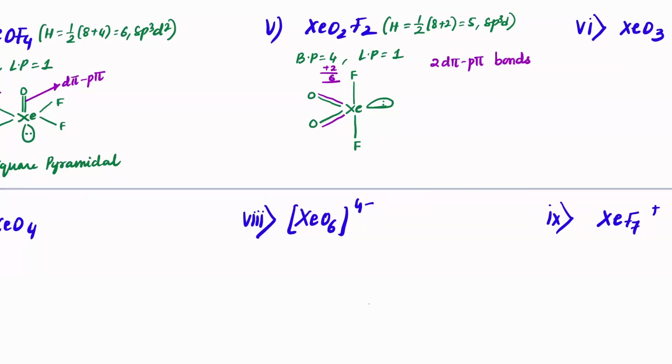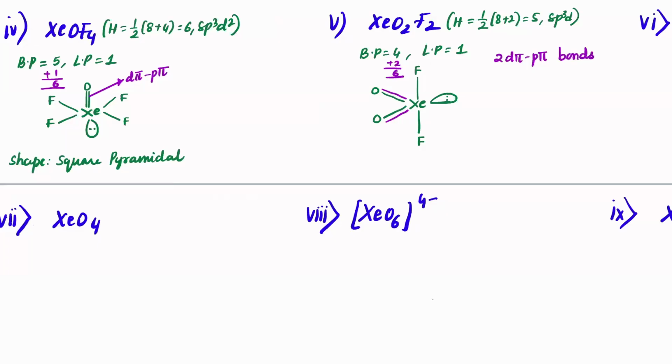Got it? And how does the shape look? Now, what happens here is xenon. If I put the lone pair here for our understanding of how the structure looks, you would notice we will have a fluorine and fluorine here. And on the back side, we'll have one oxygen. On the front side, we'll have one oxygen. So it looks as if it is a seesaw.